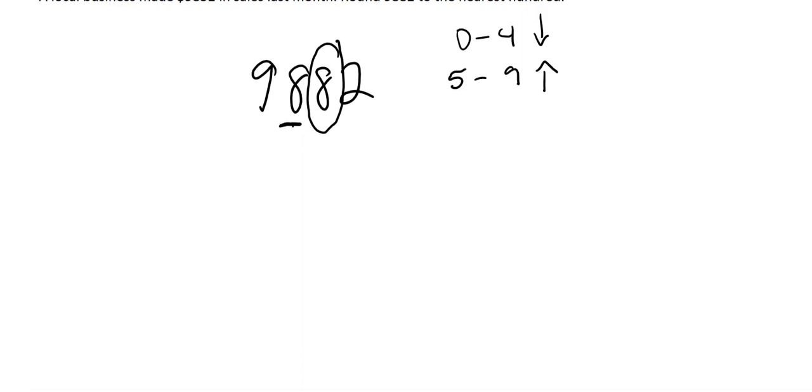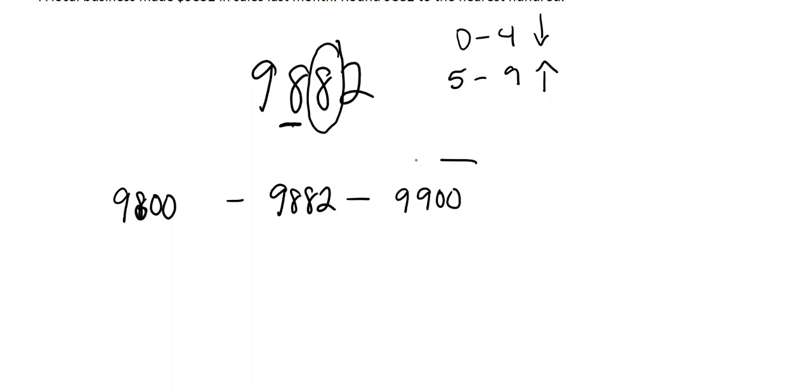So with 9,882, we're asking, essentially, is it closer to 9,800, because that's the 100 it's between, or 9,900? And we're showing that this is 8, so it's between 5 to 9, so it's closer to 9,900. So we're rounding up.